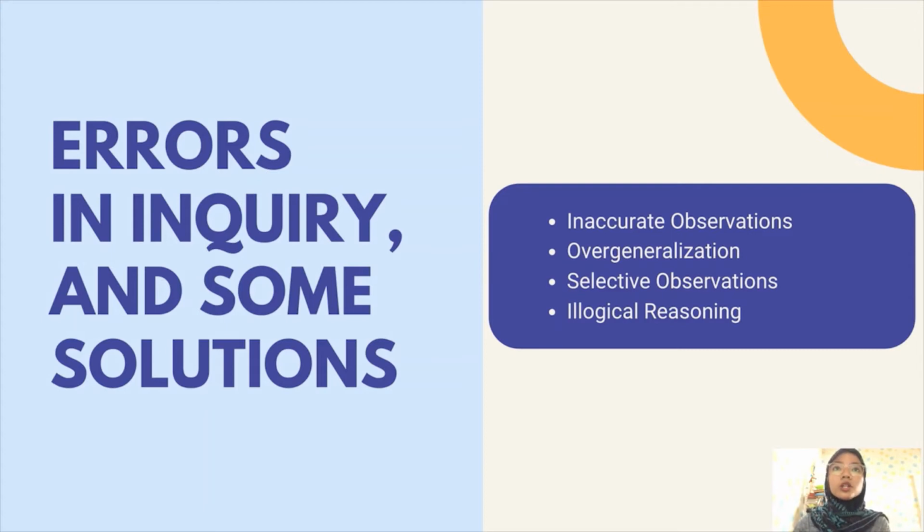Overgeneralization. When we look for specific patterns around us, we often assume that several similar events provide evidence of a general pattern. That is, we are overgeneralizing on the basis of limited observations. Selective observations. Once we conclude that certain patterns exist and develop a general understanding of why they exist, we tend to focus on future events and situations that fit the pattern, and we are likely to ignore those that do not.